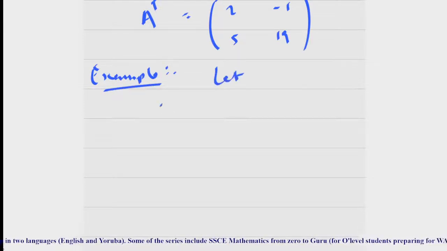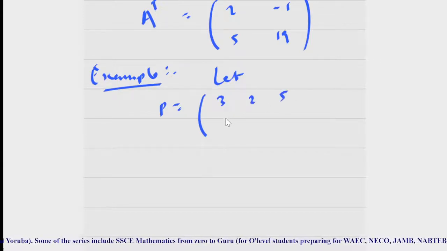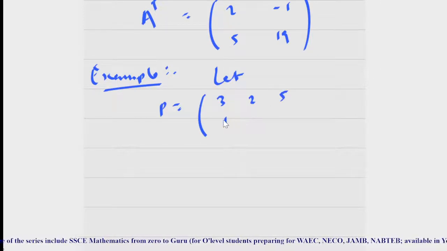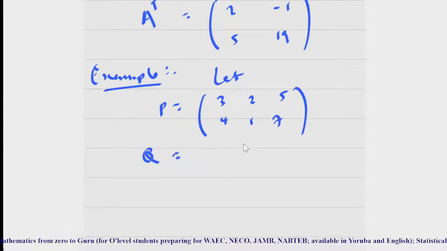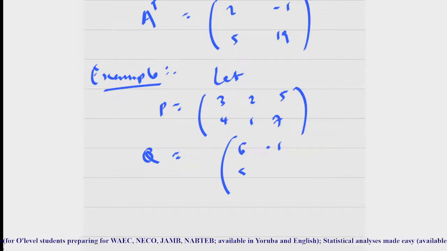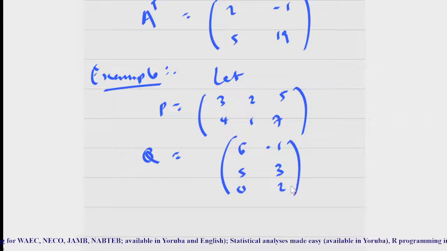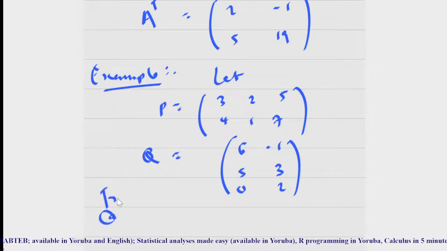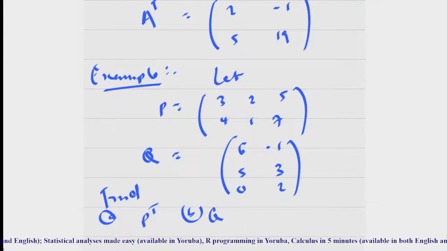Let P be equal to 3, 2, 5, 1, 4, 1, 7, and Q is equal to 6, minus 1, 5, 3, 0, 2. I hope you understand now. Then the question asks us to find P transpose and Q transpose.